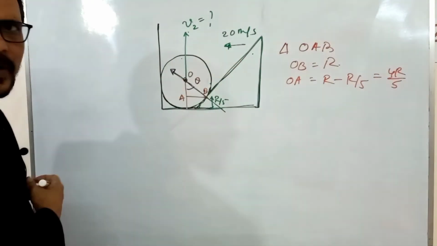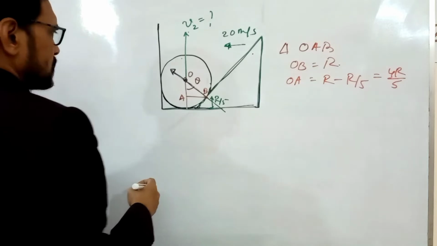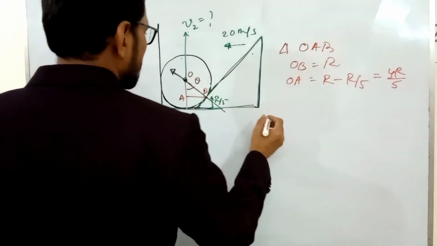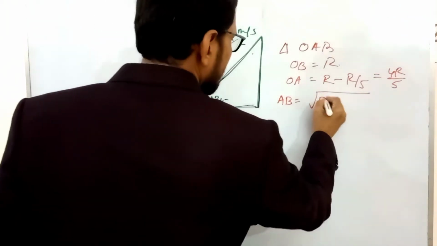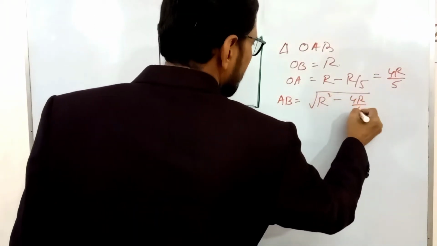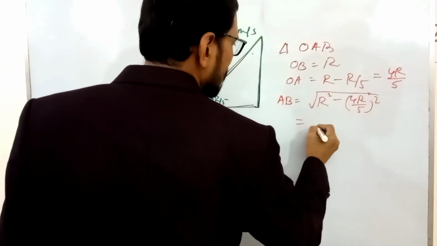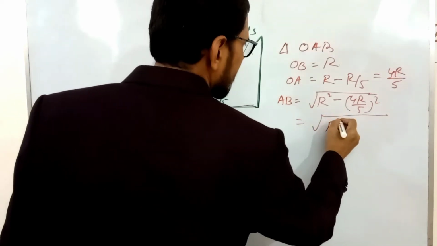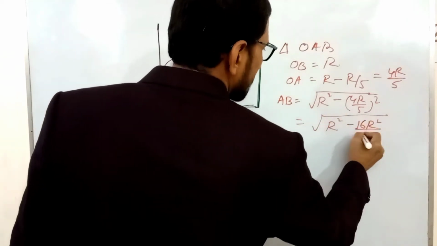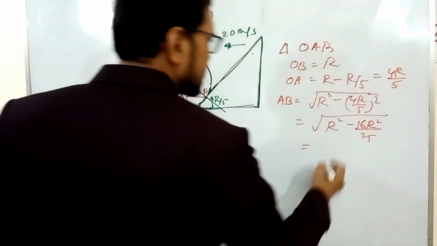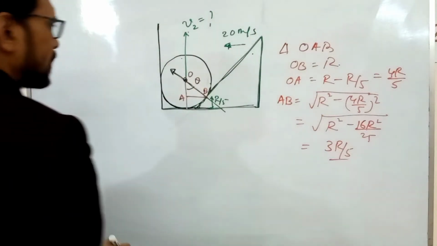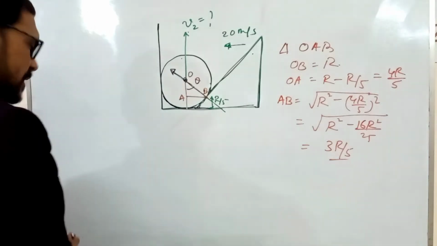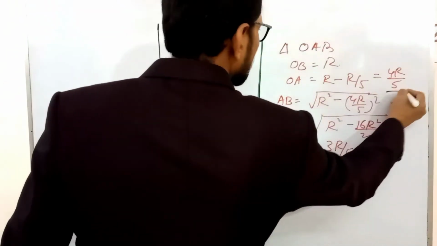Now AB, what is AB? AB equals root over R square minus (4R by 5) whole square, which is equal to root of 25 minus 16 R by 5. Okay, AB equals this, OA equals this.